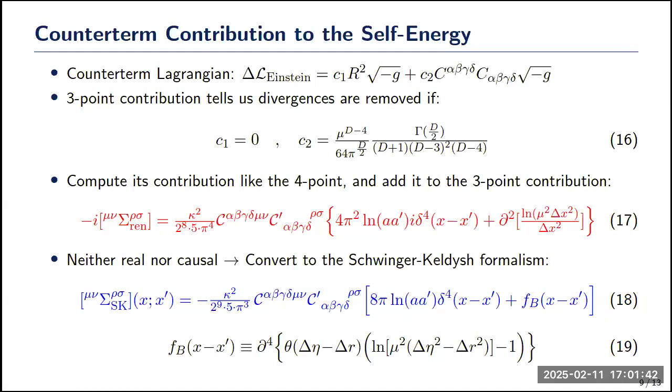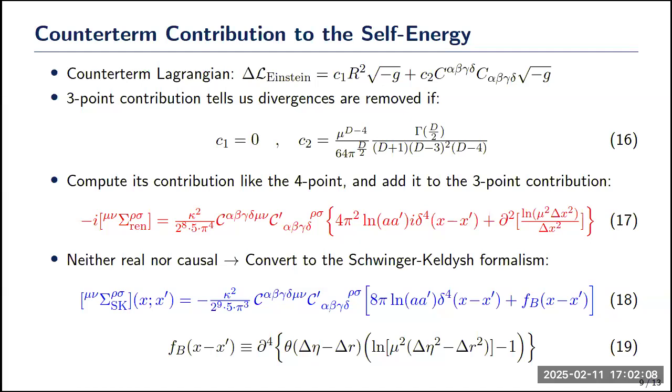Okay? So the first term here is an R squared counterterm. What that does is that if your self-energy were not already transverse and traceless, you could adjust C1 to make it so. Ours already happens to be, so we don't need to worry about that. The purpose of the Weyl squared counterterm, which gets that name because it's two Weyl tensors contracted into one another, will help us remove those 1 over d minus 4 divergences.